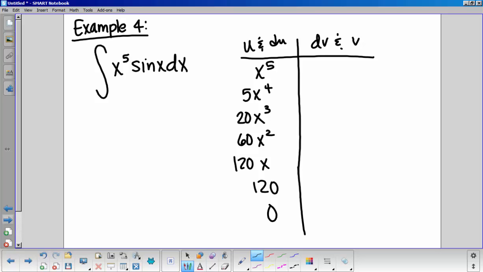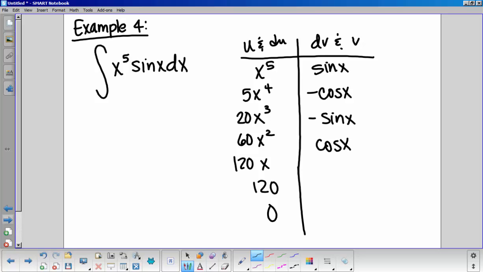All right, so what is our dv function? It's going to be sine x. The antiderivative of sine x is negative cosine x. The antiderivative of negative cosine is negative sine x. The antiderivative of that is cosine x.